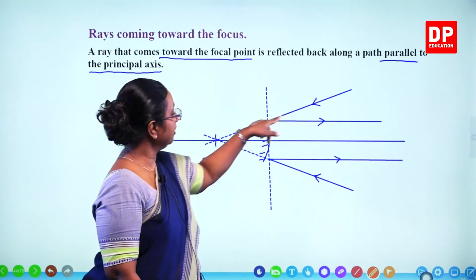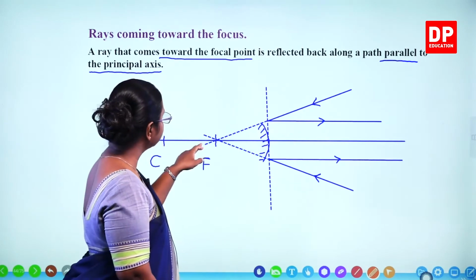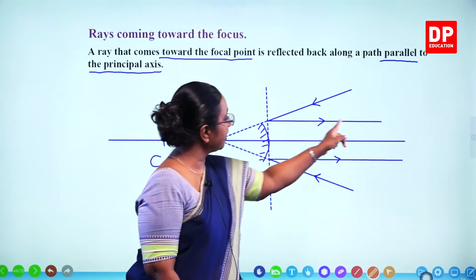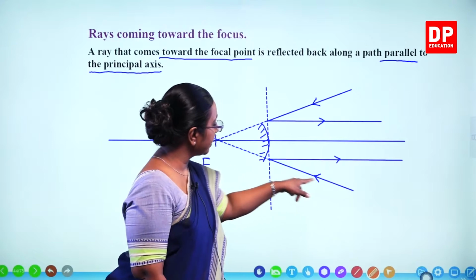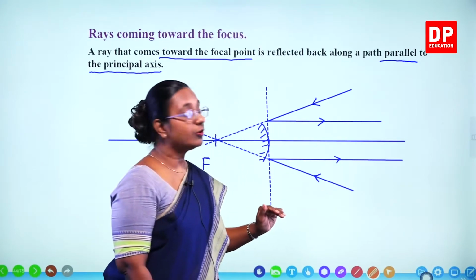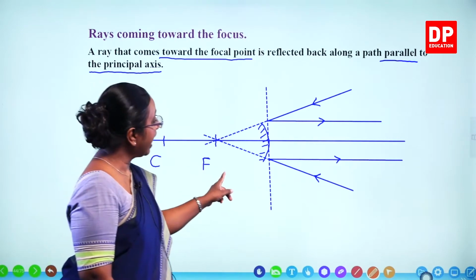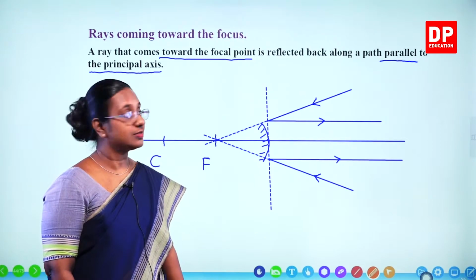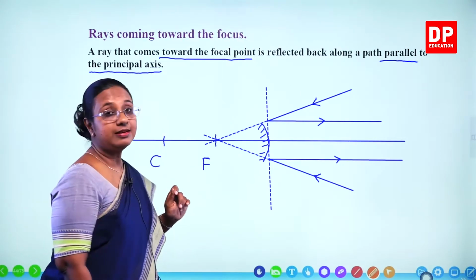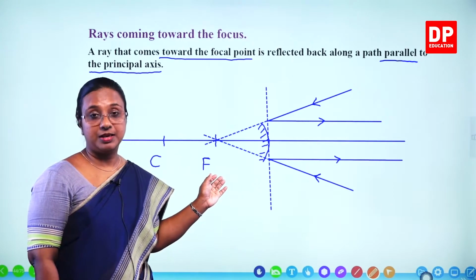One ray coming from above the principal axis towards the focal point. It reflects parallelly to the principal axis. Here there is another ray coming below the principal axis again towards the focal point, and it reflects parallel to the principal axis. So this is another type of ray reflected by the convex mirror.